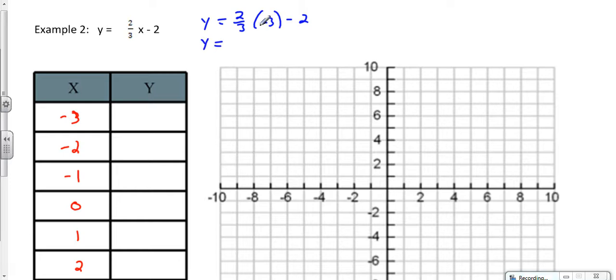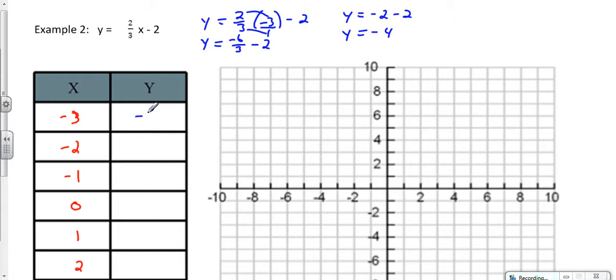That's like negative 3 over 1, so I would get negative 6 over 3, top times top, bottom times bottom, minus 2. Negative 6 over 3 is negative 2, and we get negative 4.